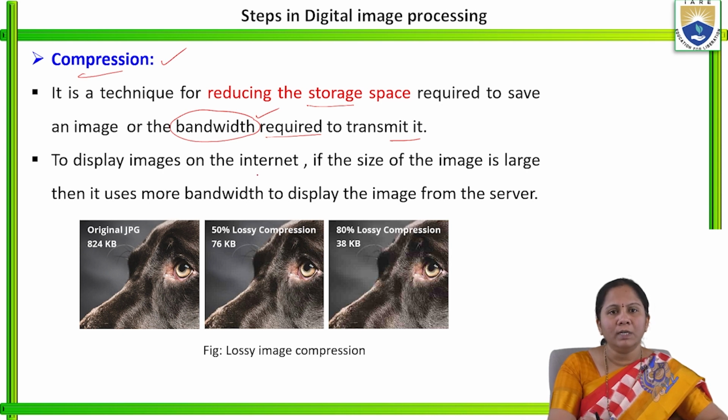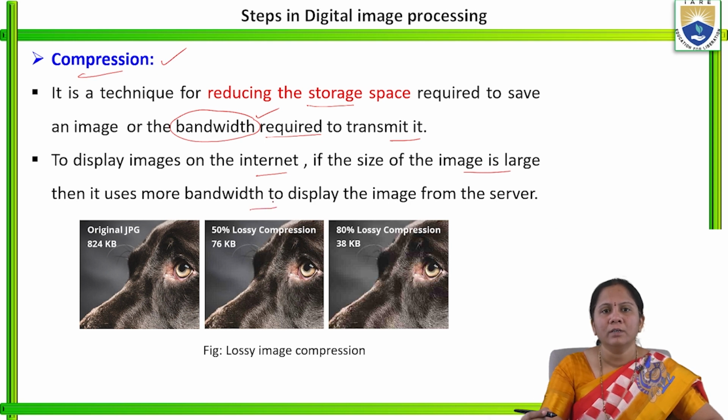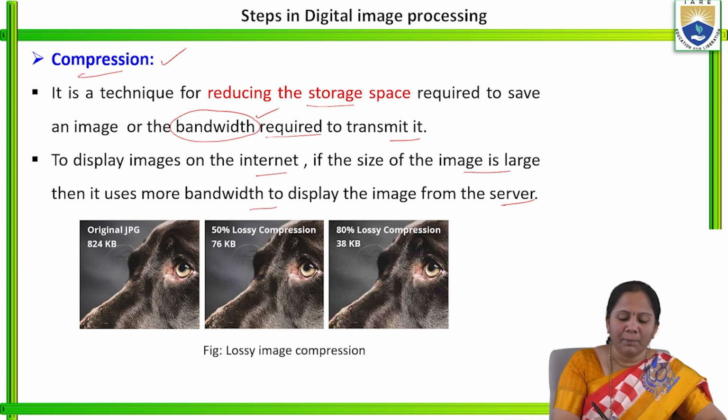In order to display images on the internet, if the size of the image is large, it requires more bandwidth and also occupies more space on the server. For example, consider this image, which comes under image compression. There are different types, lossy and lossless image compression.